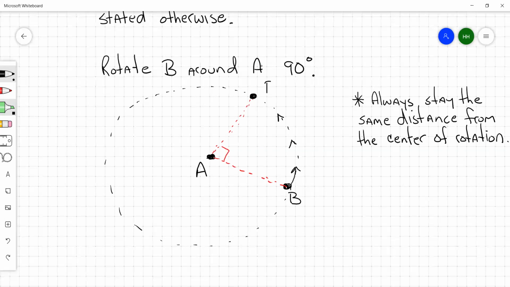And now we're at B prime. And that is a 90-degree rotation about point A or around point A. That's rotating a point around a point. Got it?